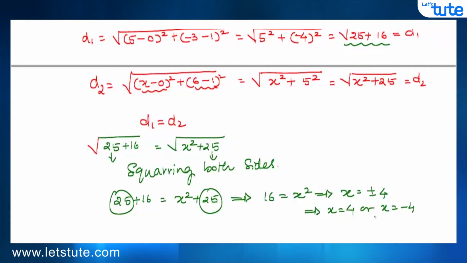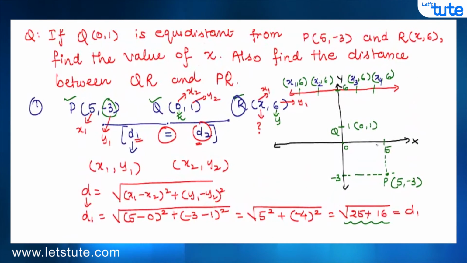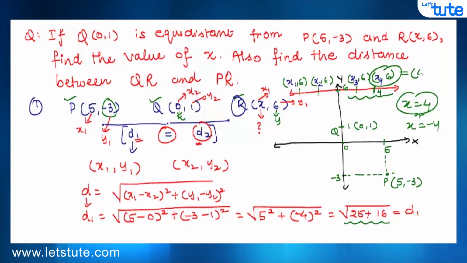Fine. So what does that mean? If you see the graph, x can be, I said, positive 4 or x can be negative 4. If x is positive 4, it should be somewhere here. Suppose this is 4, then this point will be 4, 6, and this will be our point R. If we are considering this value of x, it should be this side.